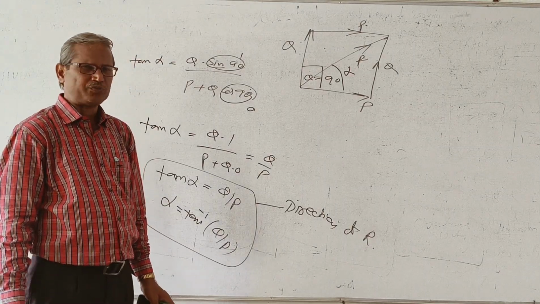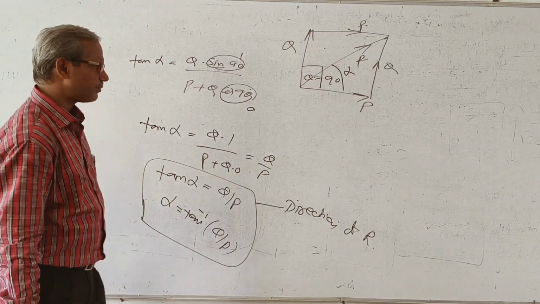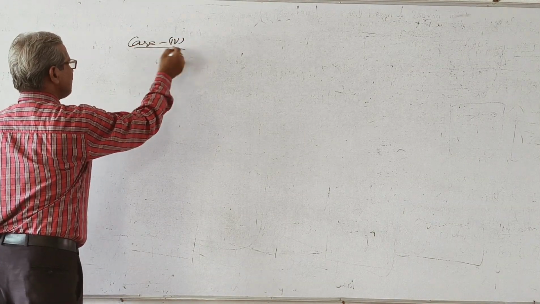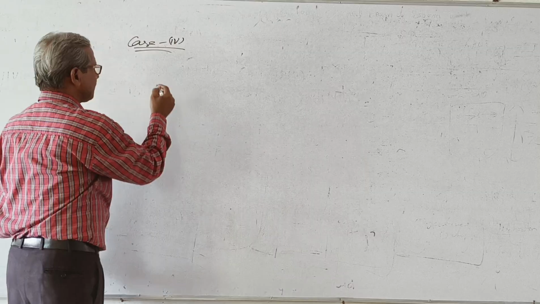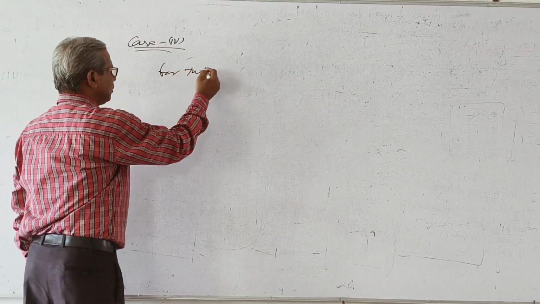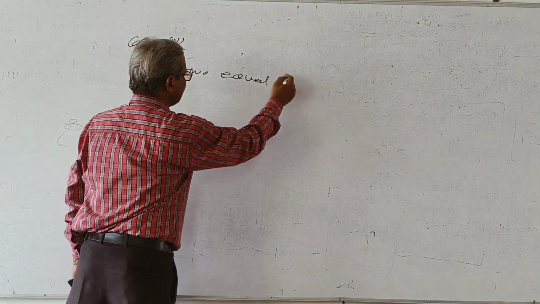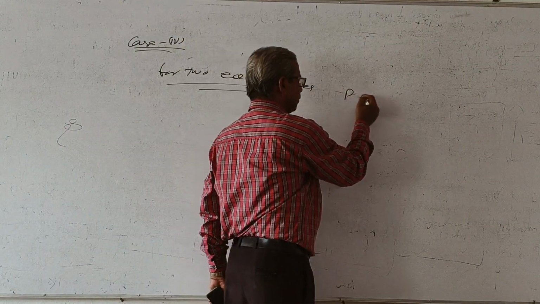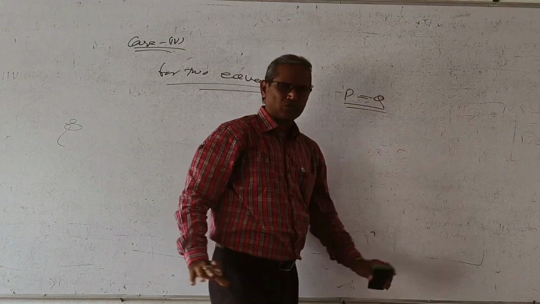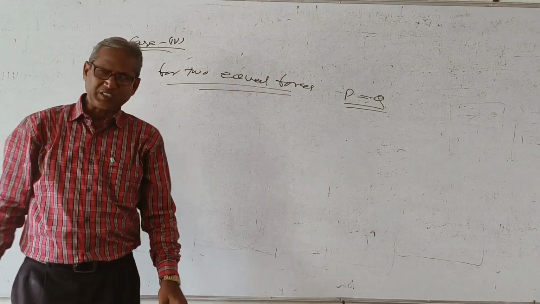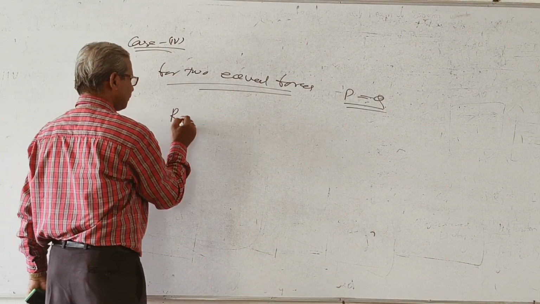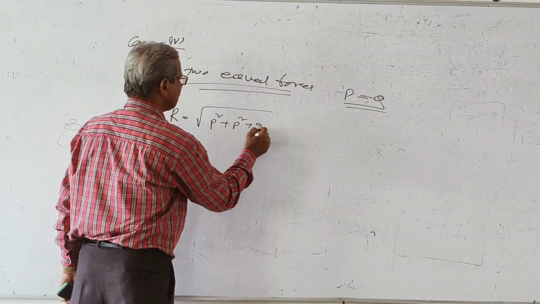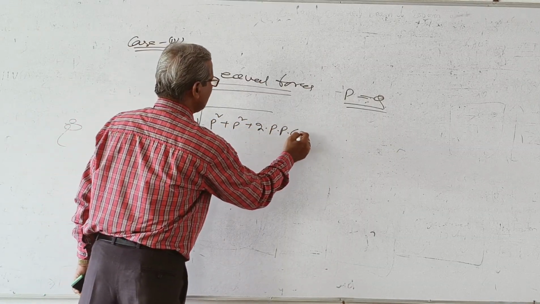Next, case number 4. For two equal forces, that means P is equal to Q. Suppose P is equal to Q. So R is root over P square plus P square plus 2 into P into P cos theta.